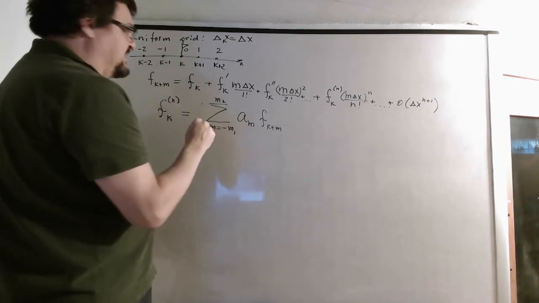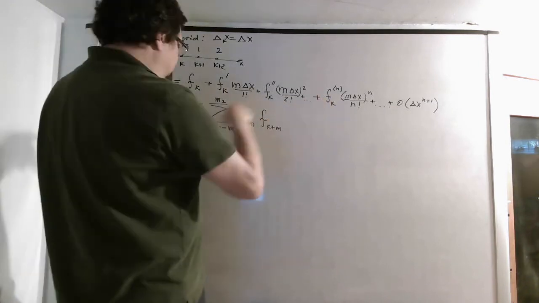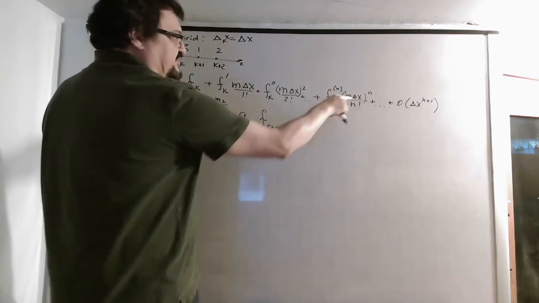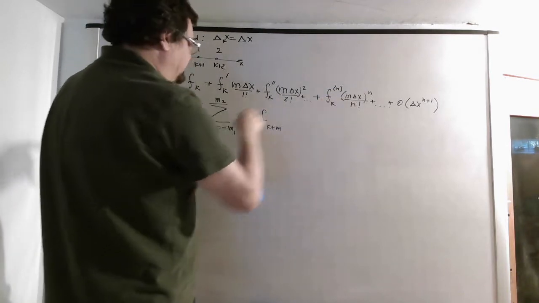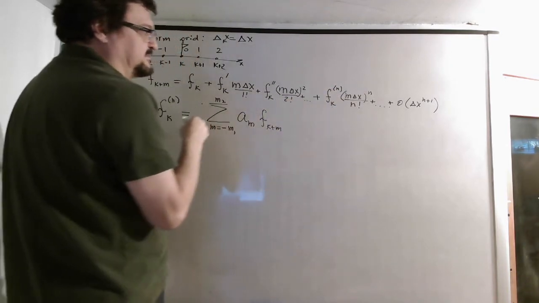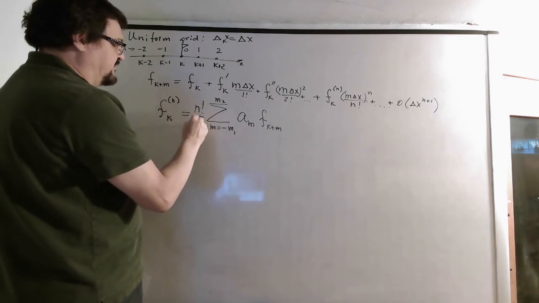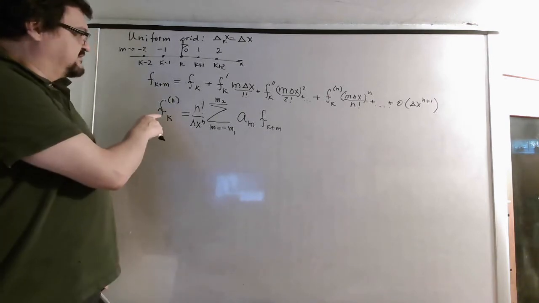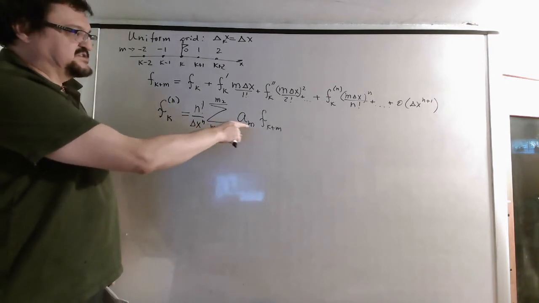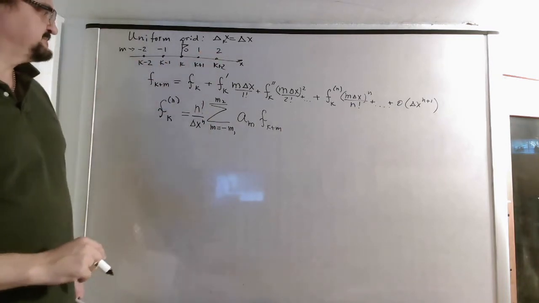To make the expressions a little bit easier, we normalize it by the reciprocal of this term, except for m, because m cannot be taken out of the summation sign. So we multiply by n factorial divided by delta x to the power of n. So this is our general form of the nth derivative. It's just a linear combination of values of the function at those grid points.